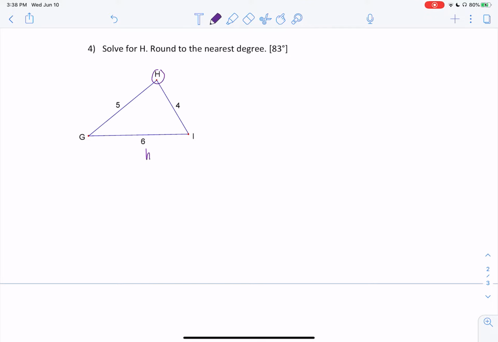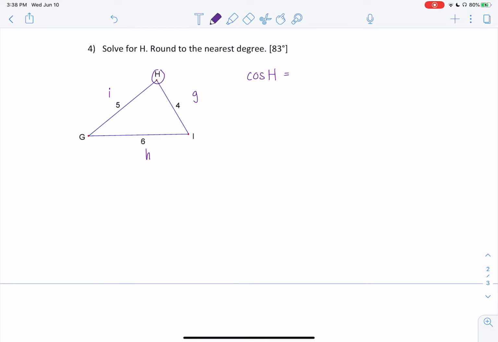So little h is across from capital H, little i is across from capital I, and little g is across from capital G. Now we're looking for H. So in your formula, wherever you see a capital C, we're going to put a capital H. And wherever we see a little c, we'll put a little h. The other two sides can be interchanged.